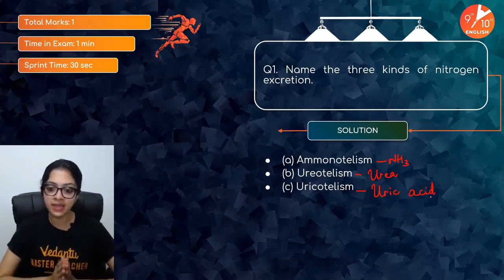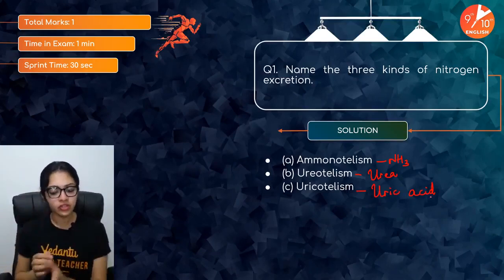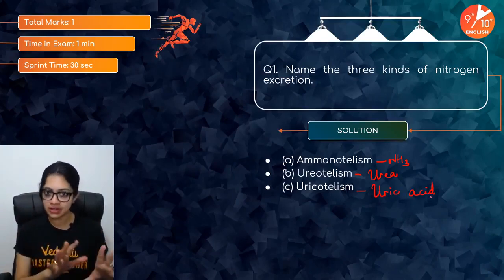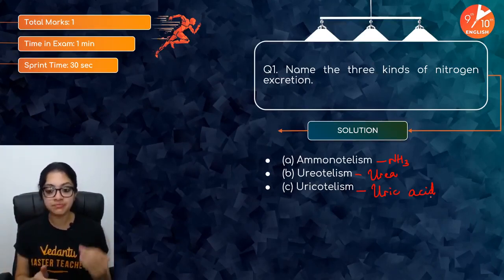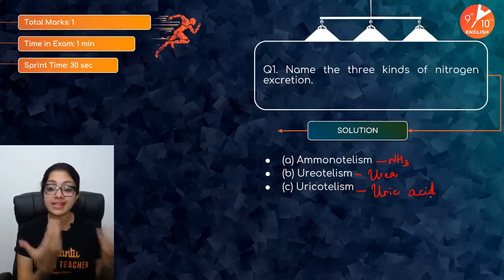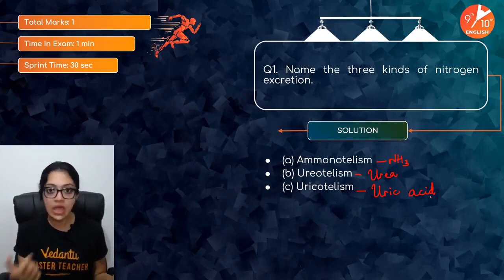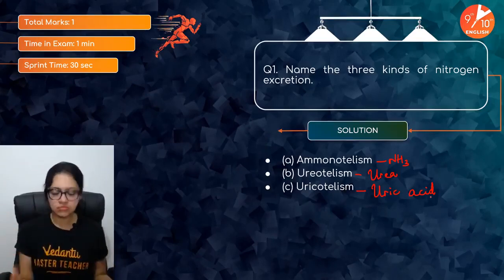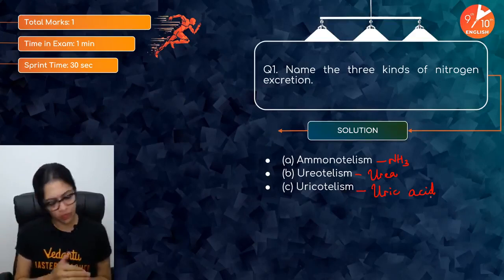And of course, keep in mind, these 3 together wouldn't be present in a particular organism. For example, birds would generally be uricotelic, humans are generally ureotelic, and tadpoles, as in amphibians, are mostly ammonotelic, and so on.